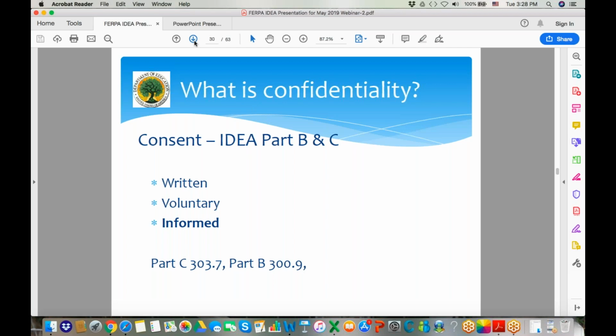The general rule in IDEA, as well as under FERPA, is unless the statute expressly authorizes a disclosure, you need an exception to the general rule that you cannot disclose personally identifiable information in a child's record without obtaining prior written parental consent. And that's common across all 3 programs.